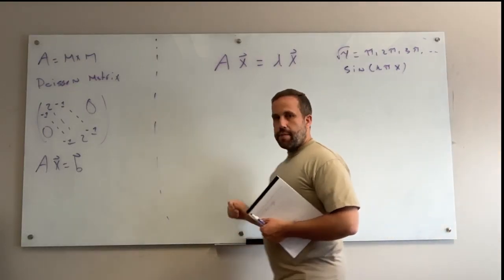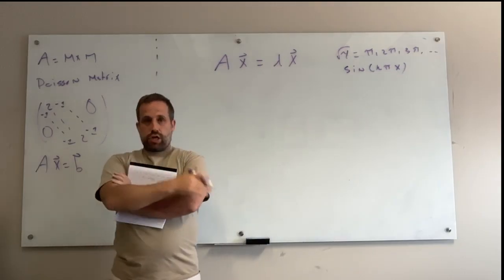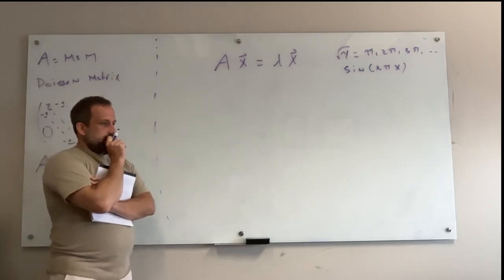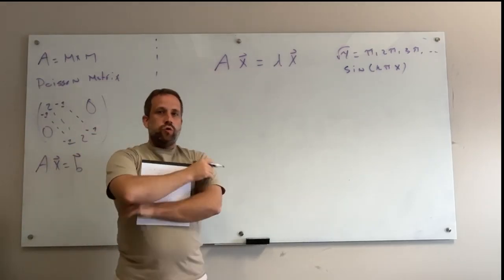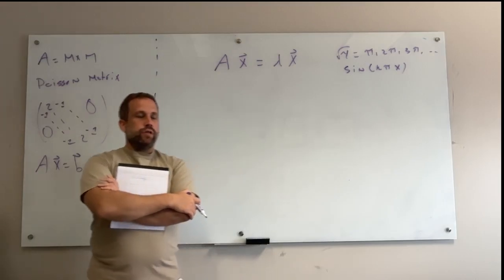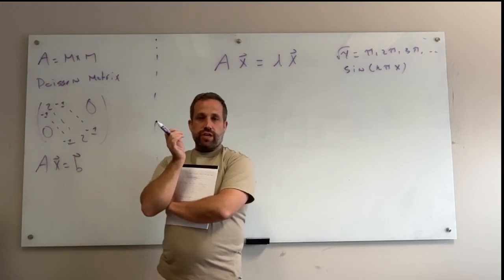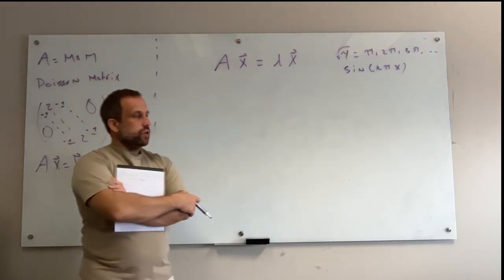Okay, so then we think about what is going to happen in the case of the Poisson matrix. Well, the entries of the vectors are going to be our function u sampled at various points. And we know u0 is going to be 0, and u_{m+1} is going to be equal to 0 as well.